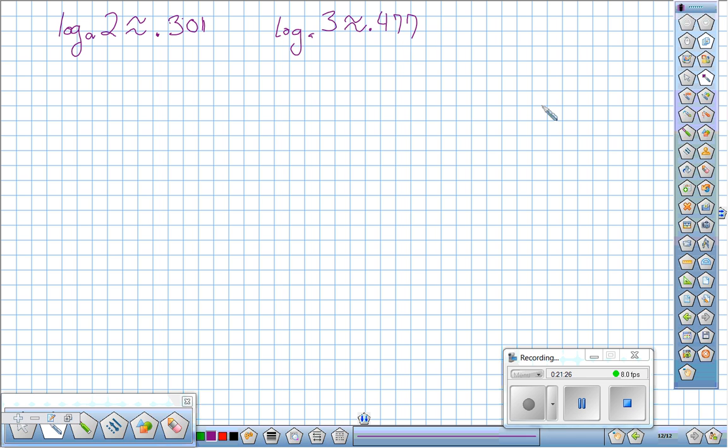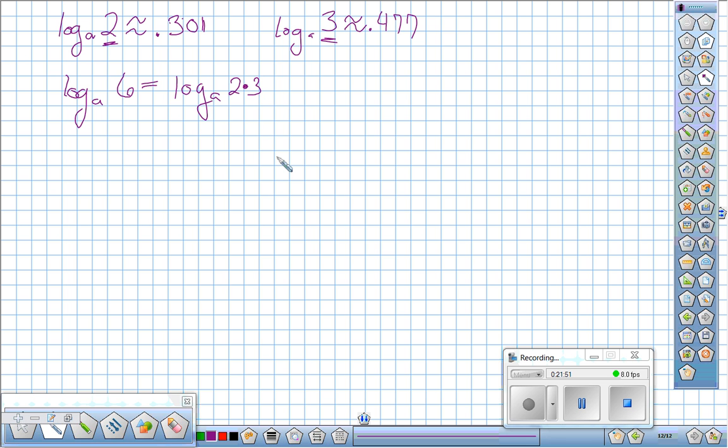Now I'm going to be asked to basically use these rules. I am asking you what log base a of 6 is. So what you have to decide is how 2 and 3, these numbers here, relate to 6. And you can say, oh, well, I know that 2 times 3 is equal to 6. That's great.